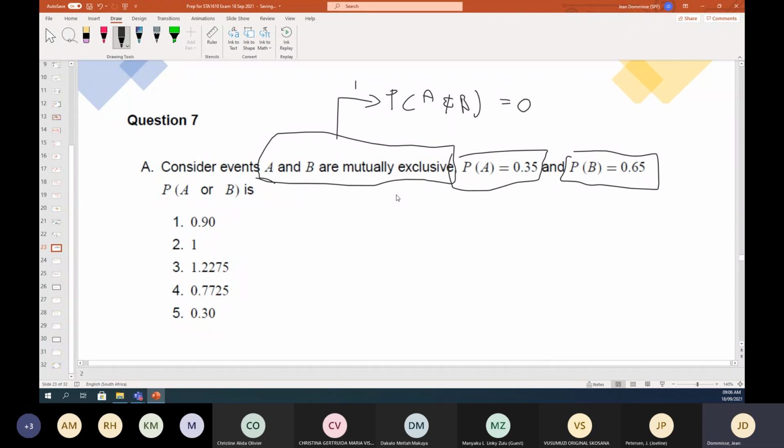Now let's look at the question they ask us. We need to work out the probability of A or B.